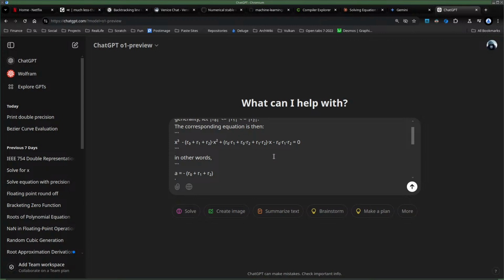Yeah, under what circumstances can we definitely conclude that the smallest root in absolute value is there?